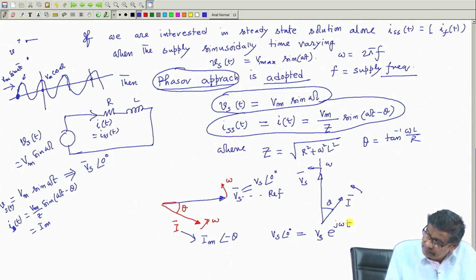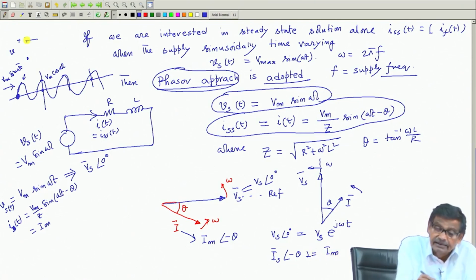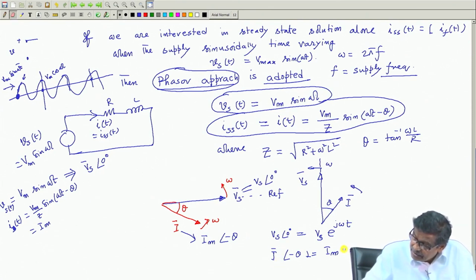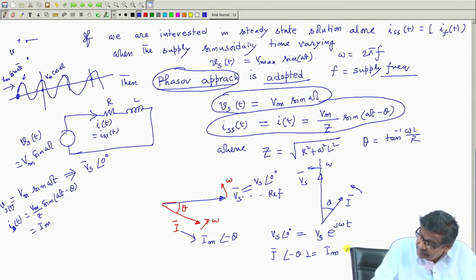Similarly, Im angle minus theta is nothing but the system current I, equal to Im e to the power j (omega t minus theta).